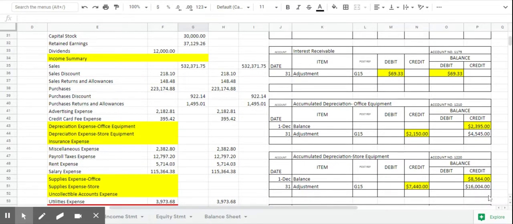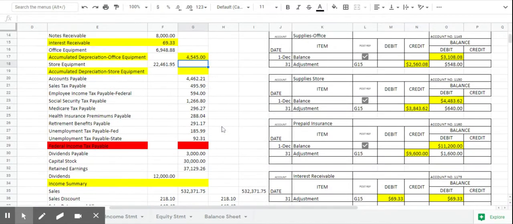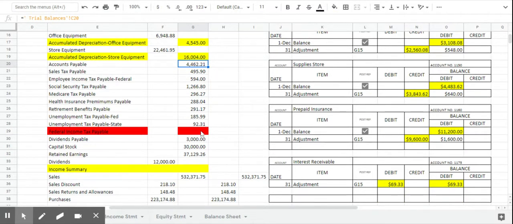Accumulated depreciation for store is 16,004. Gonna skip this red one because we don't know it yet.